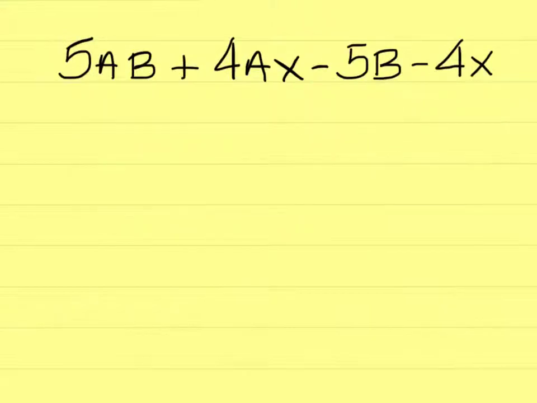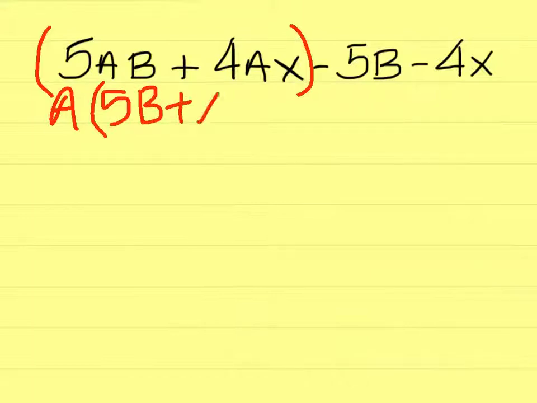We have 5ab plus 4ax minus 5b minus 4x. Watch your signs. My first quantity is 5ab plus 4ax. What can I take out? A. Good. I'm left with 5b plus 4x. I have a minus here, so I take it out.